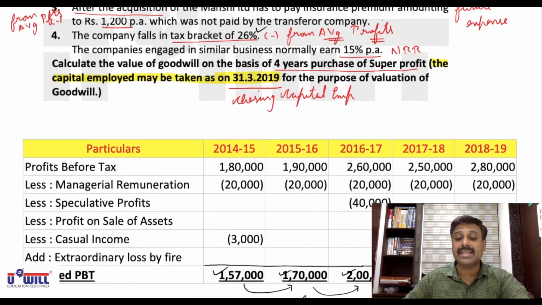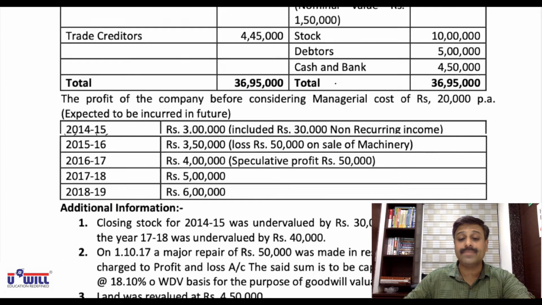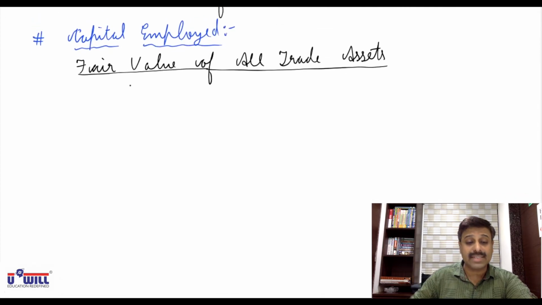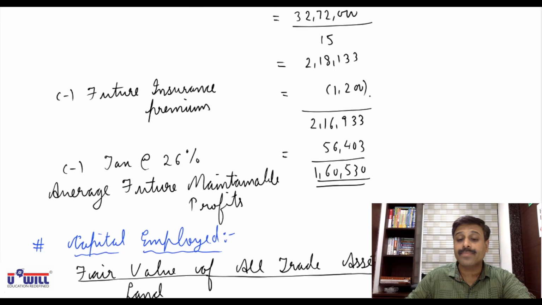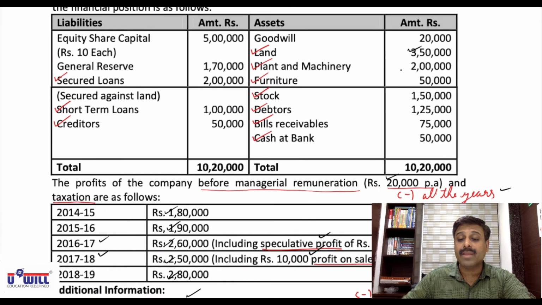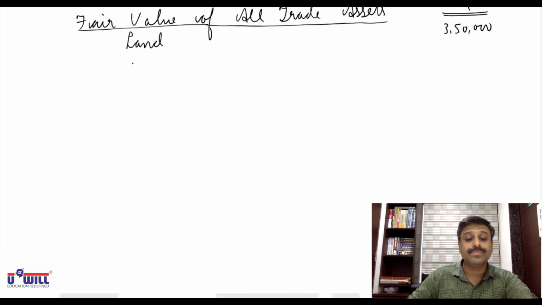So from the asset side, land 3,50,000. First we start with land of 3,50,000. No other values are given in the adjustments, so directly we have to take them into consideration. Then after land we have plant and machinery 2 lakhs.